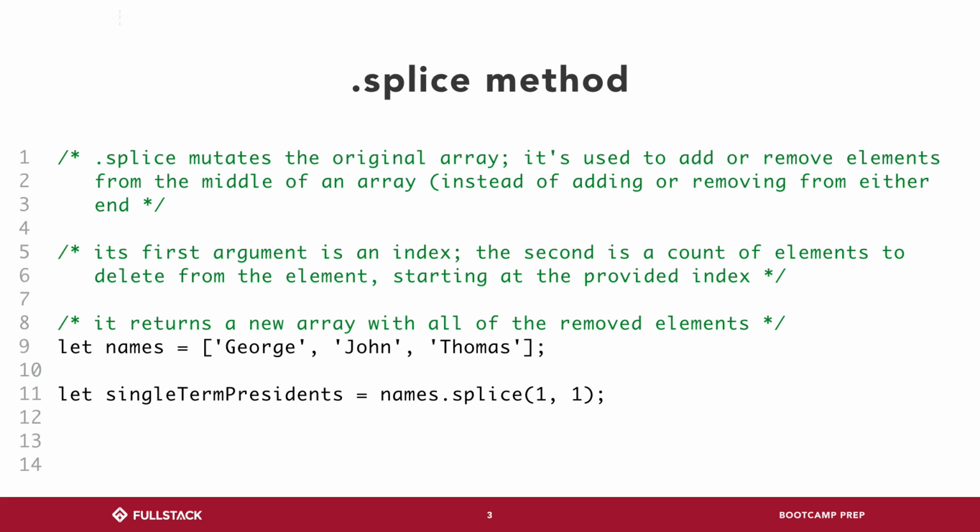The concept of mutations only really applies to arrays and objects because you can change them, whereas a string you can't mutate. You just have to create a new one, but you couldn't update an existing string, or numbers, for example. You can't update a number, you just create a new one, which is really safe because everything else that references that number, you know that value.